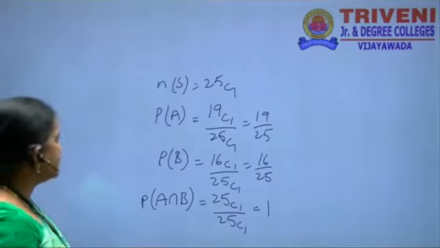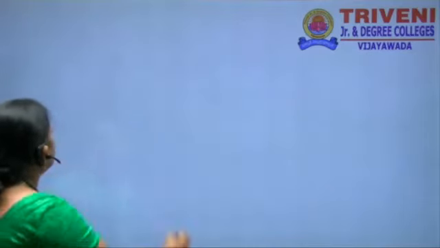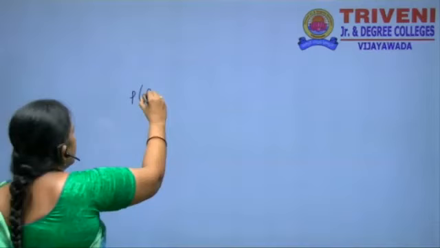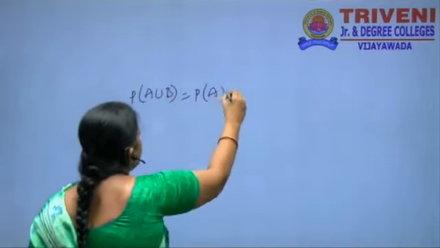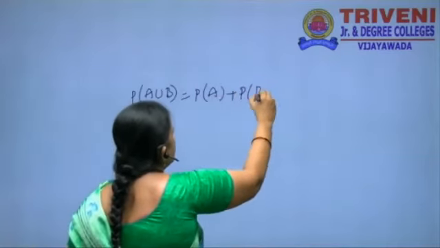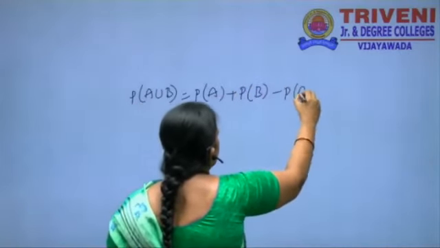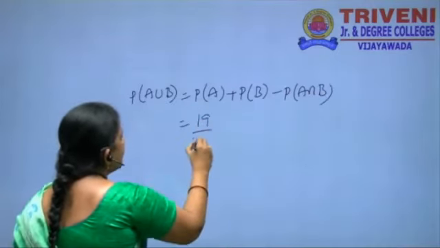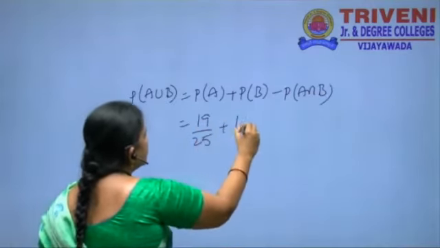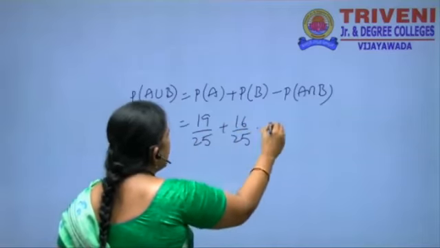Applying the addition theorem on probability, P of A union B is equal to P of A plus P of B minus P of A intersection B, that is equal to 19 by 25 plus 16 by 25 minus 1.